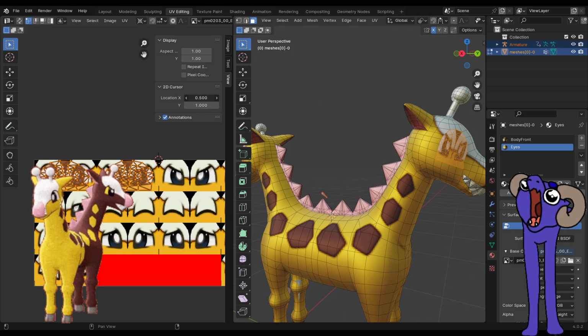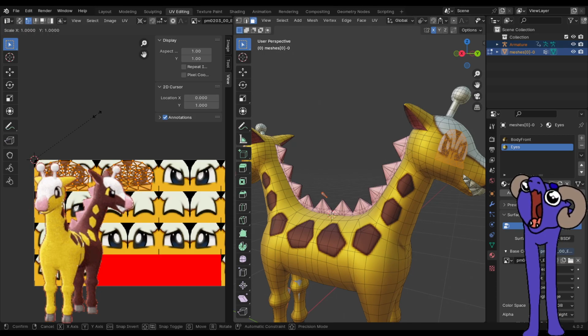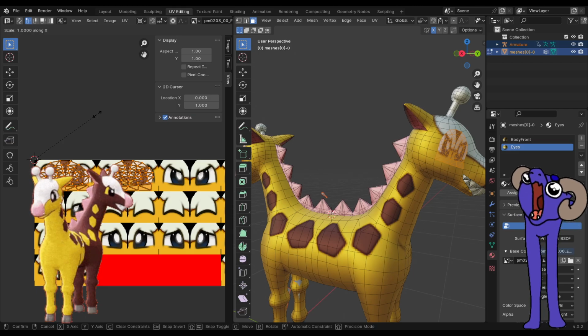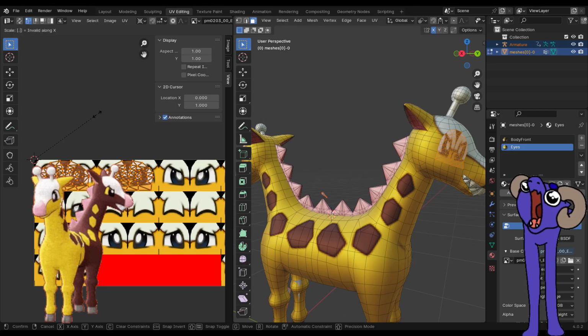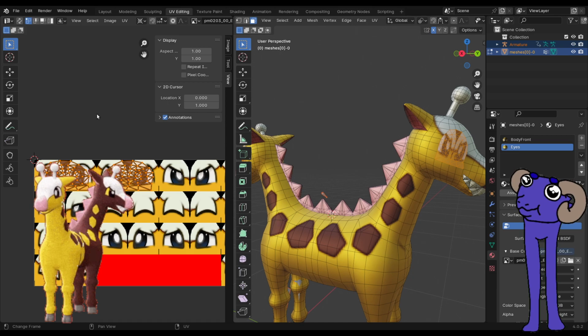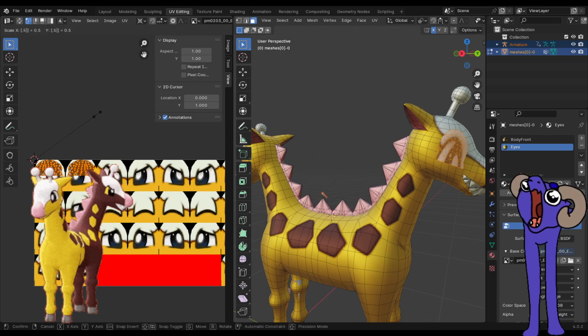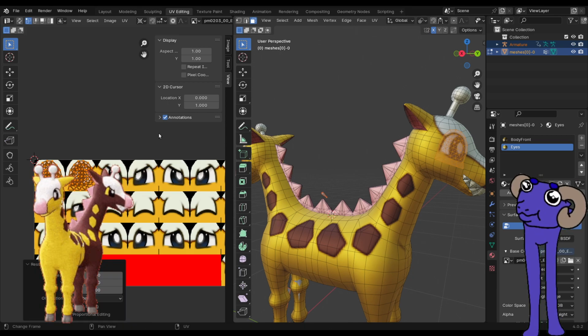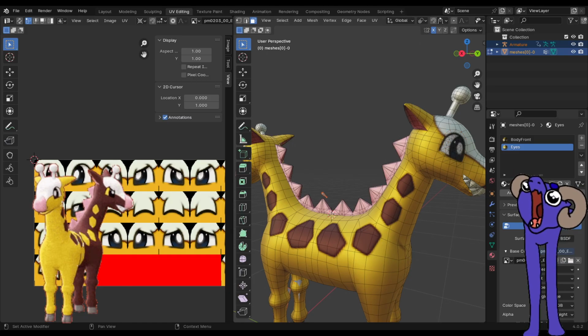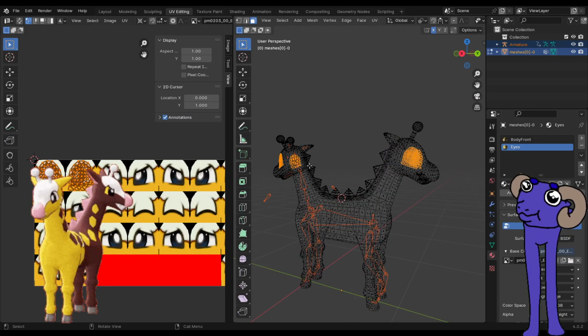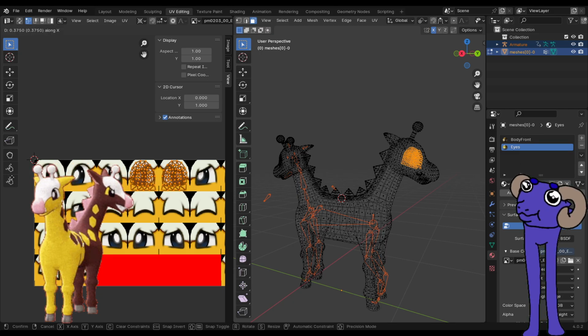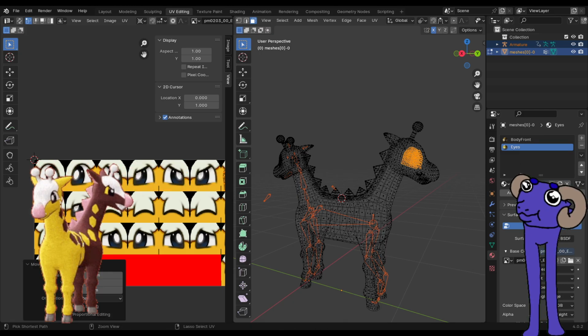What I can do is set this to here. Scale along the x-axis by 0.5. Oh, and make sure we have all of them selected. And then I want specifically the back eyes to be these ones.